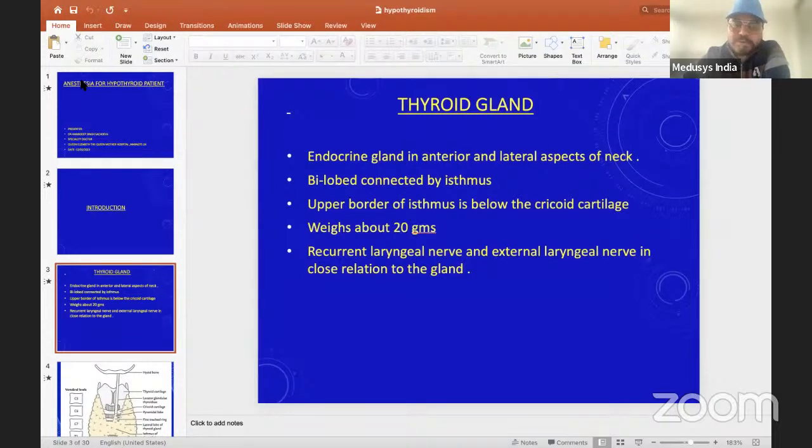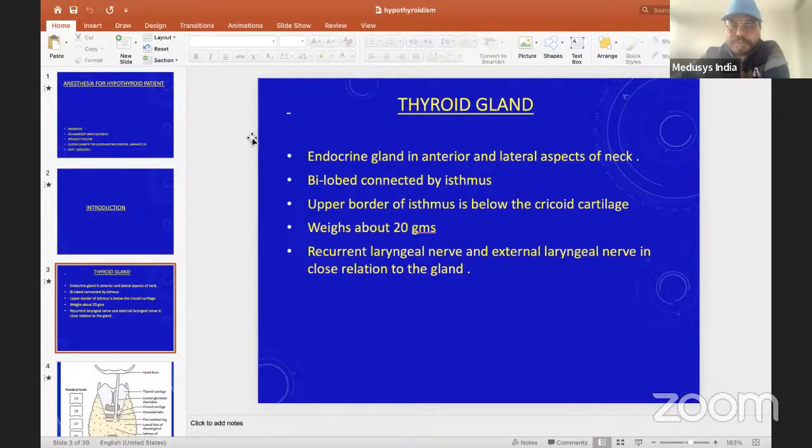Or you have to give anesthesia for a patient with hypothyroidism or hyperthyroidism for a non-thyroid surgery, just like a cesarean or some other surgery. So we have to prepare for both. If you are doing surgery for the thyroid gland itself, for the goiter, then the recurrent laryngeal nerve and external laryngeal nerve come into the picture. We will go into this a little later.